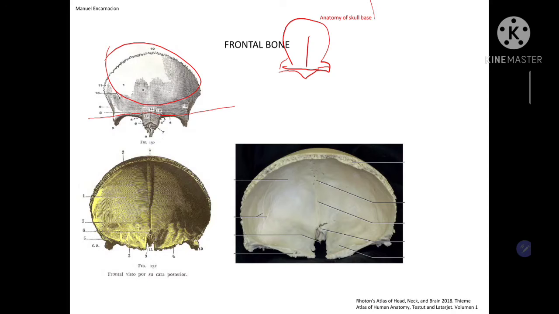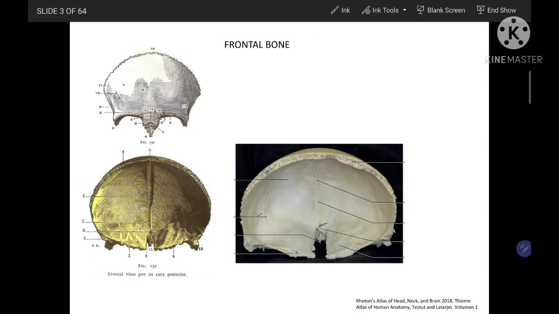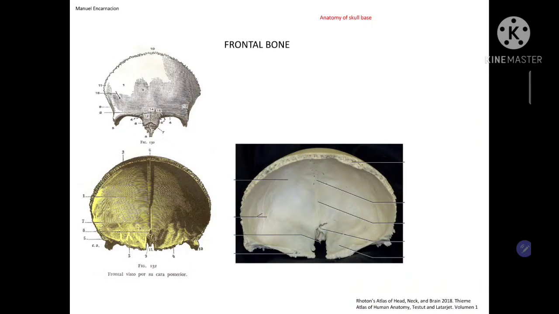So the vertical portion, the squama, contains an anterior part or exocranial. This is a convex area, and the opposite part is an endocranial surface. It's a concave area. So the exocranial surface corresponds to the integument, from which it is separated by the frontal muscle.